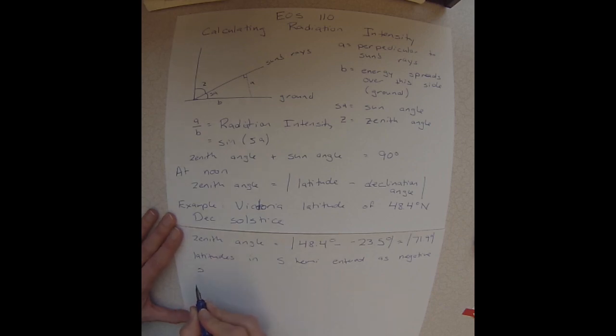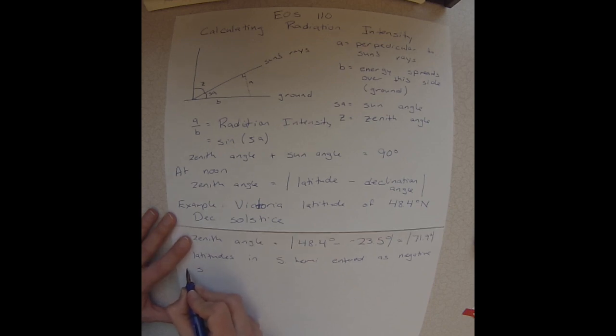Again, we're at noon in this case, so sometimes we call this the NSA, for noon sun angle. It equals 90 degrees minus the noon zenith angle.